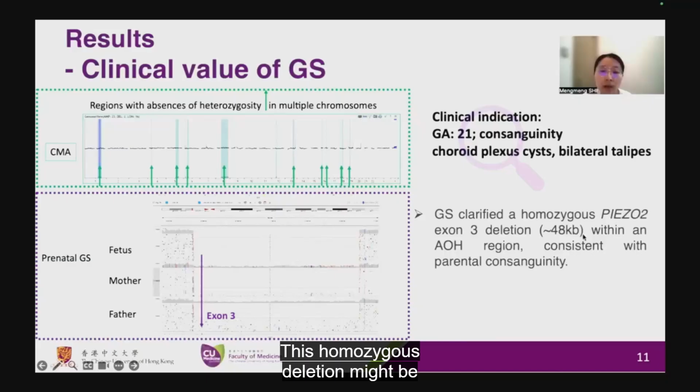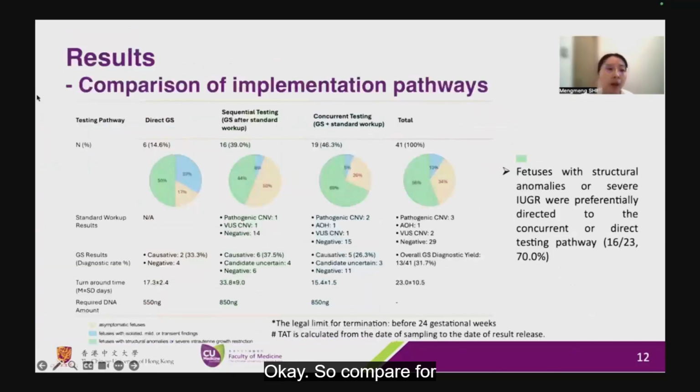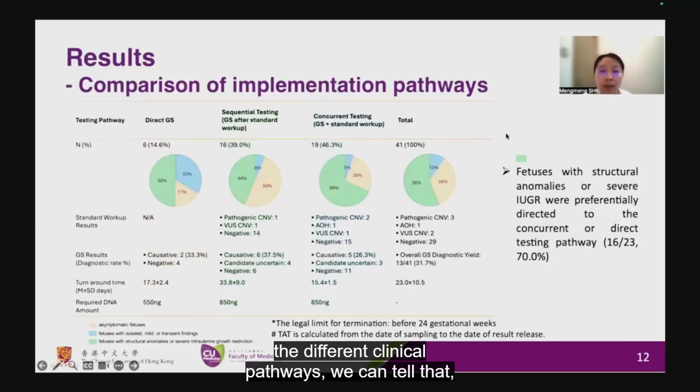And this homozygous deletion might be too small to be captured by the CMA.